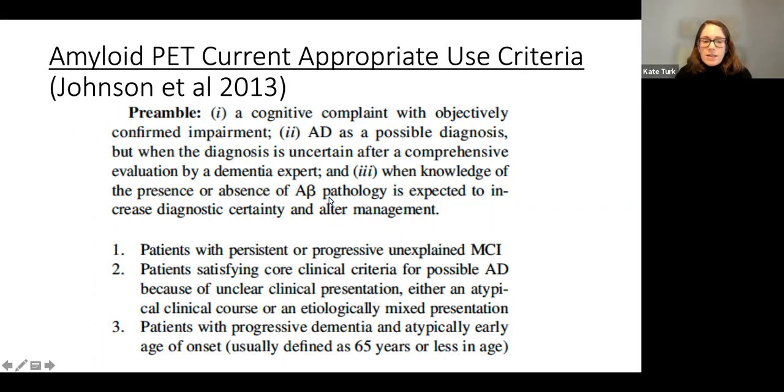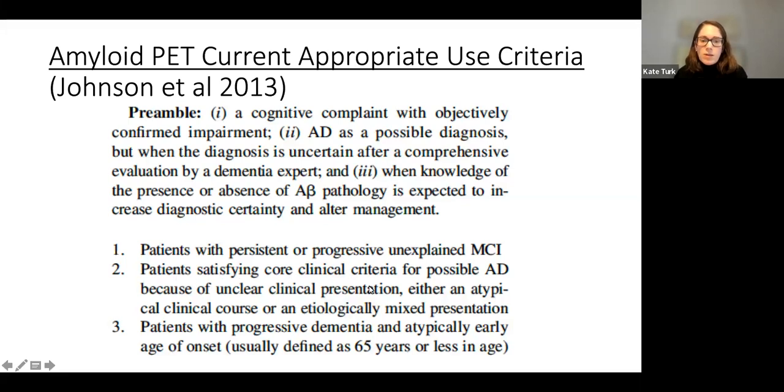So the ideal candidates for a scan like this are patients who have persistent, progressive, or unexplained mild cognitive impairment, which is a precursor stage to dementia. So they don't yet have functional limitations, but maybe they're testing in an impaired range on neuropsychological measures.